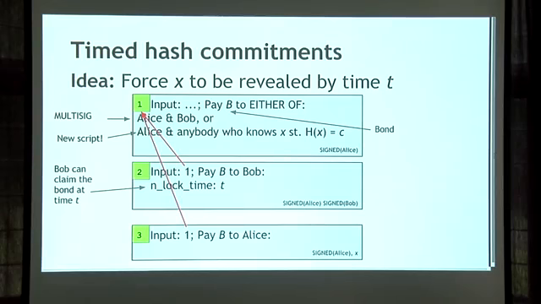So either Bob gets this bond, some money that Alice put up, or Alice has to reveal her commitment. So it's not exactly forced. If Alice doesn't reveal her commitment, she's not going to be thrown in jail, but she will lose this entire bond that she put up. So her guarantee that she'll reveal the commitment is as strong as how much money she's willing to put behind it.